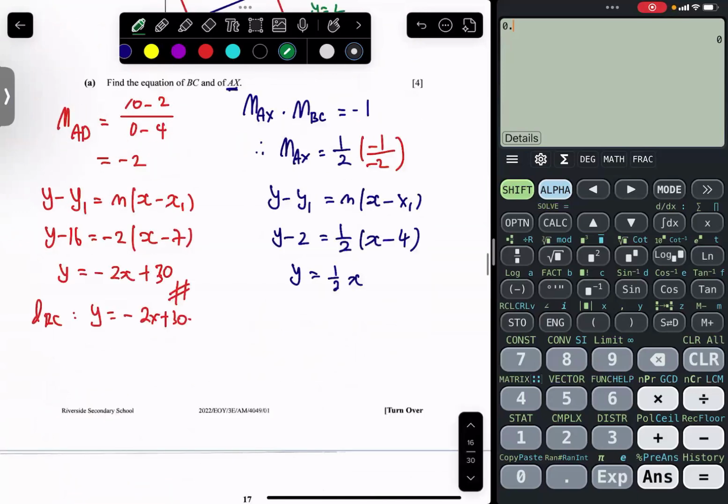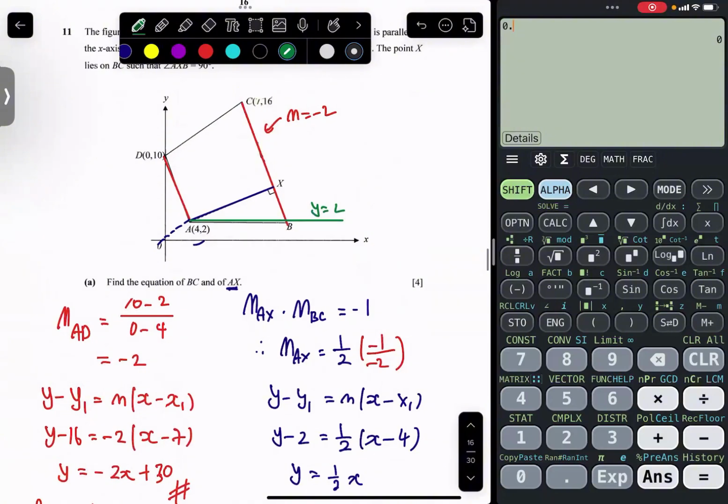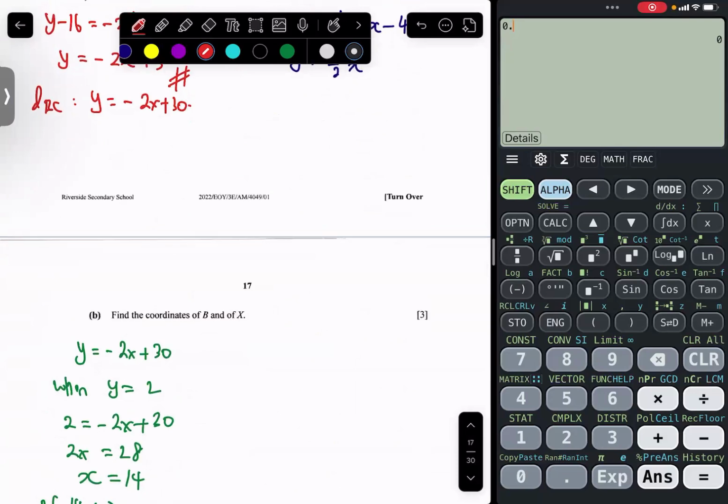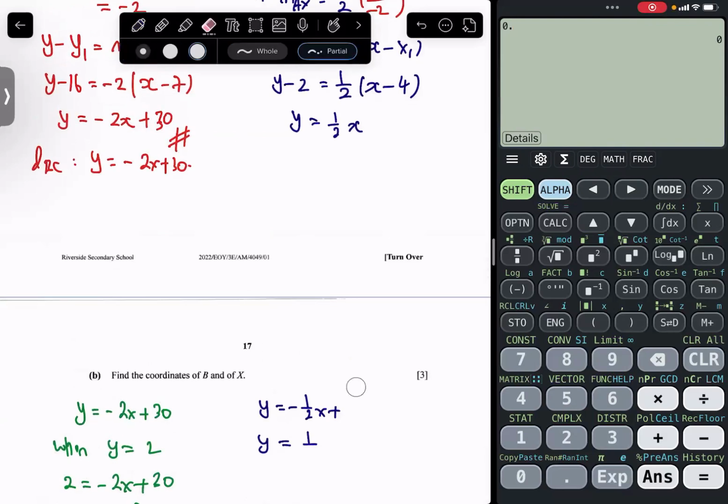Now X is the intersection between the blue line and the red line. So two lines meet, simultaneous equation. Y equals negative 2x plus 30, and y equals half x.